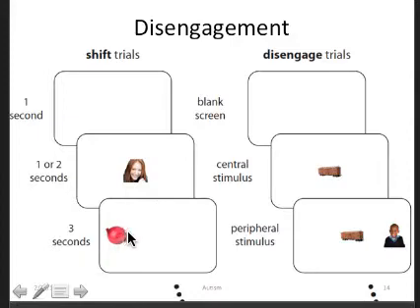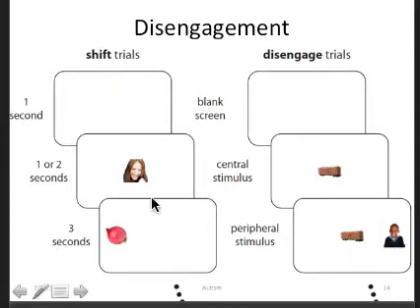And the new object in the periphery could also be a face or a non-social stimulus. So these factors were crossed in an orthogonal manner, producing 4 conditions: starting with a non-social stimulus and moving to a non-social stimulus, starting with non-social, moving to a social stimulus, social to non-social, and social to social.